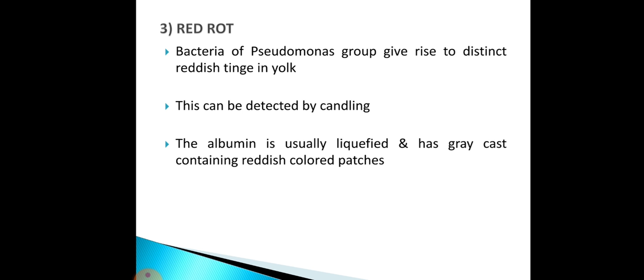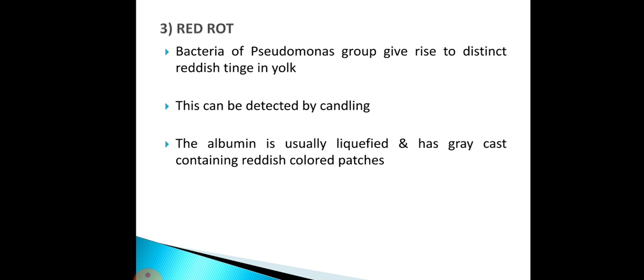Then red rot. Bacteria of the Pseudomonas group give rise to a distinct reddish tinge in the yolk. This can be detected by candling. Candling is a technique by which we can detect these rots, or any defect in the egg yolk or egg albumin.